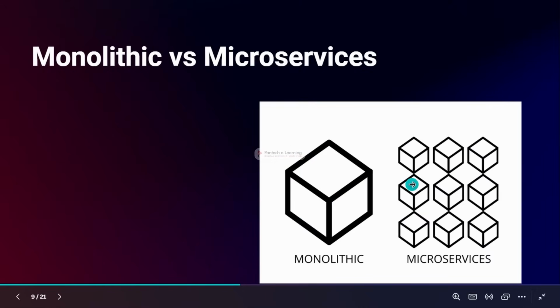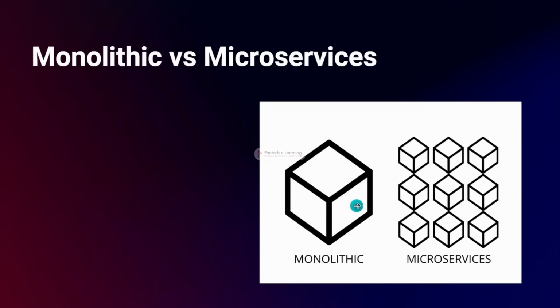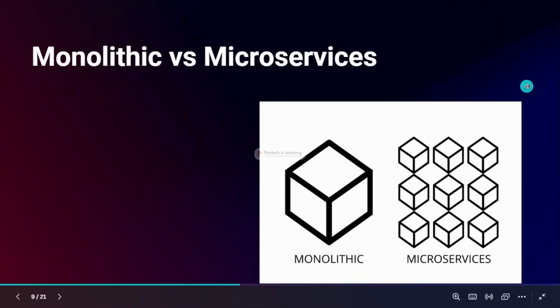For example, if you have a web application like Amazon where you buy products, you can build it as a single application or build it in parts. The payment portal will be a different microservice, the selection portal a different microservice, the registration portal a different microservice. Everything will be in a container and they will be interconnected so they can work.